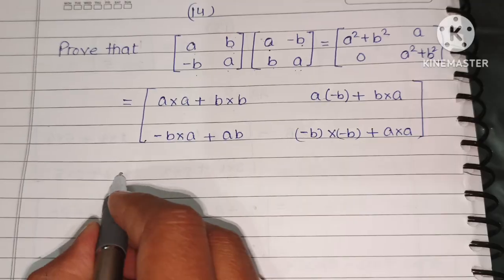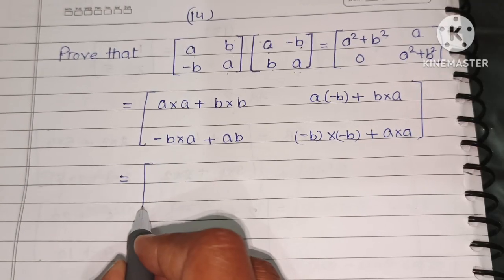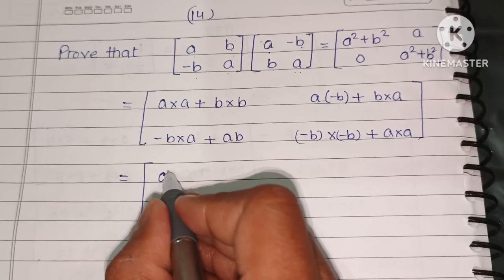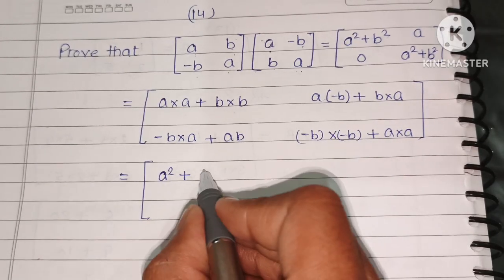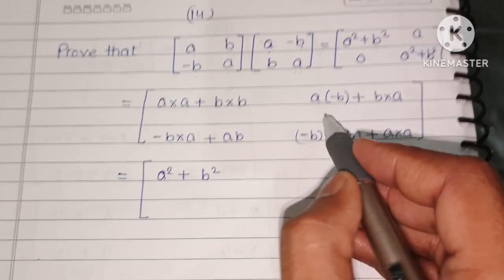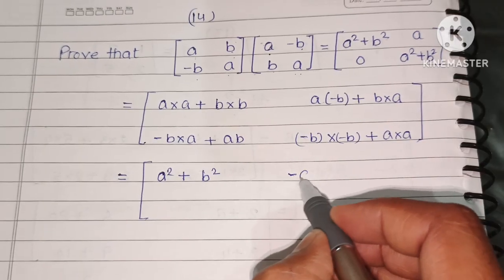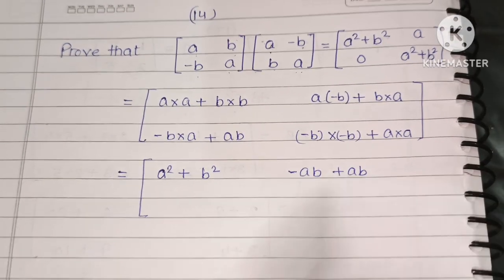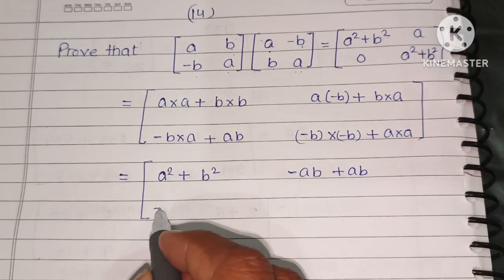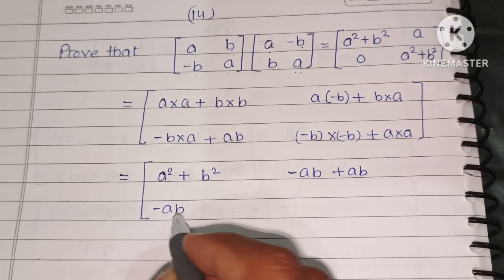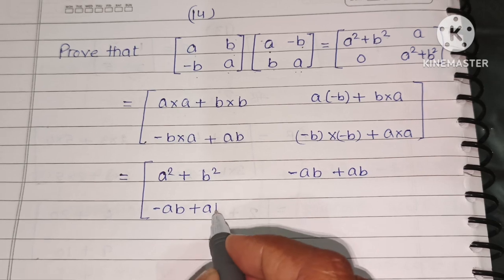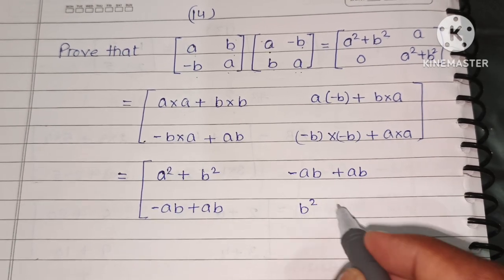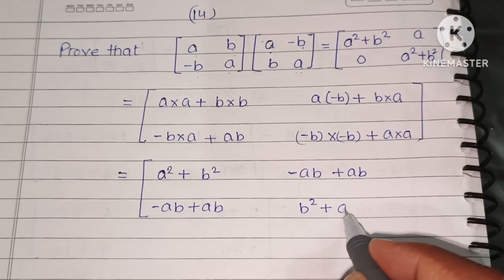Now A into A is A square plus B into B is B square, that is minus AB and that is plus AB, that is minus AB, that is plus AB, that is minus minus B square plus A square.